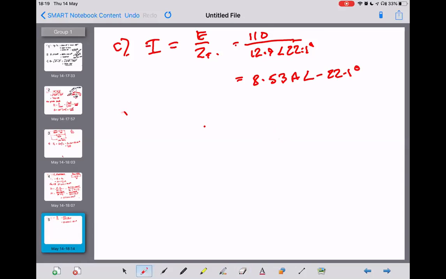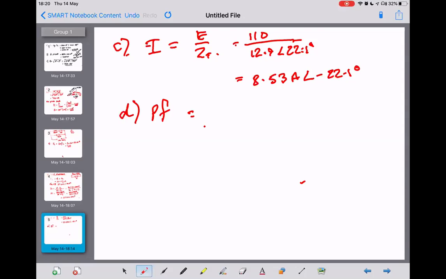D, power factor. For this one, I've written, because I believe the angle for the current is the same as the power, is that correct? Yeah. I've put as power is in phase with current, theta is equal to minus 22.1. So therefore the power factor, cos theta, is equal to cos of minus 22.1.